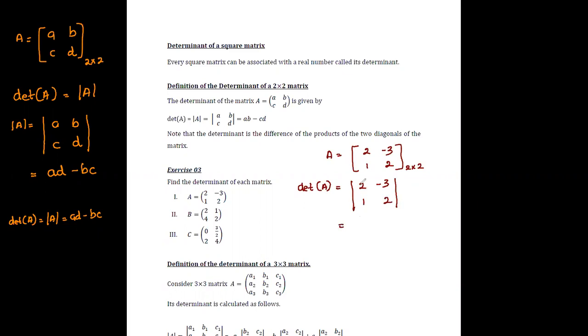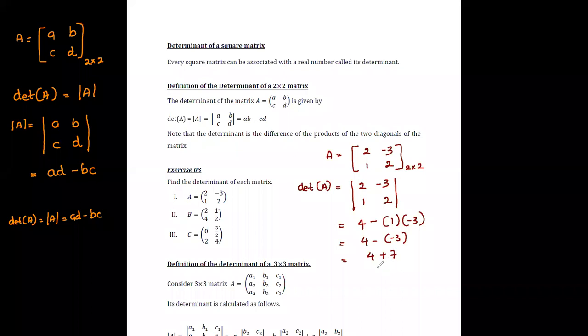Then we get 2 times 2 is 4. Then this minus 1 times minus 3. Then this results in 4 plus 3, and the value will be equal to 7.